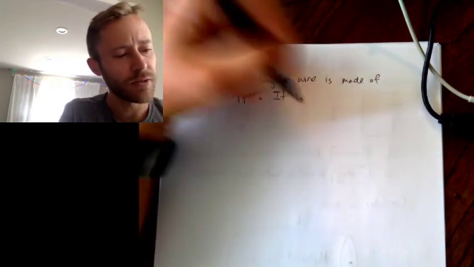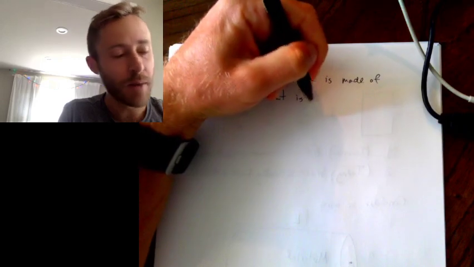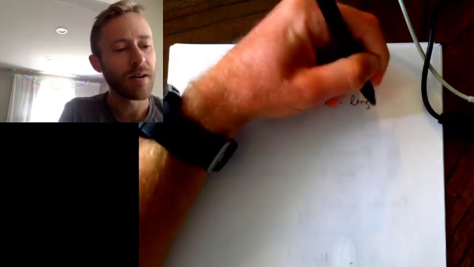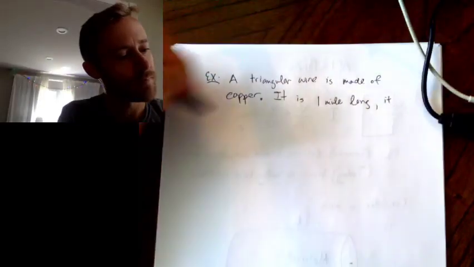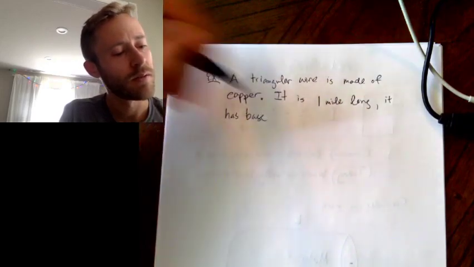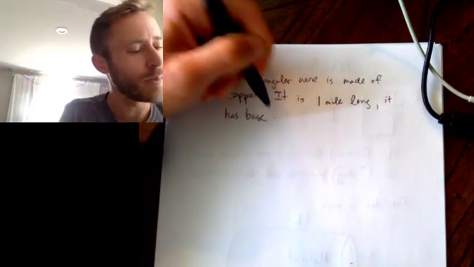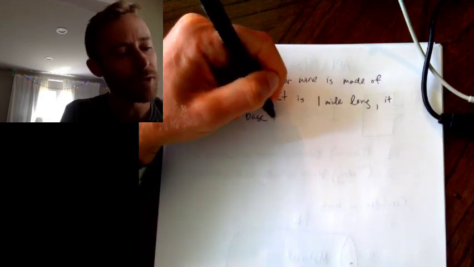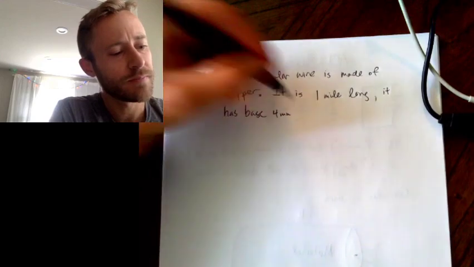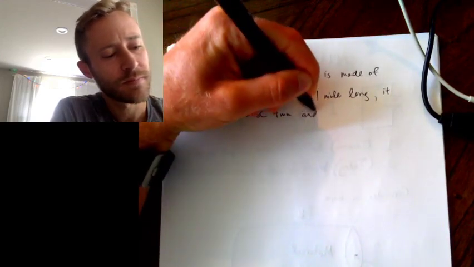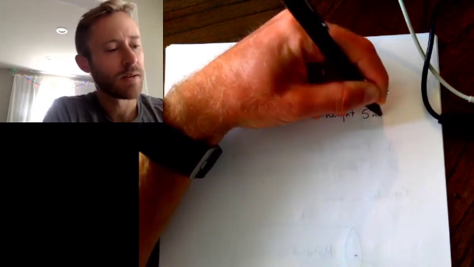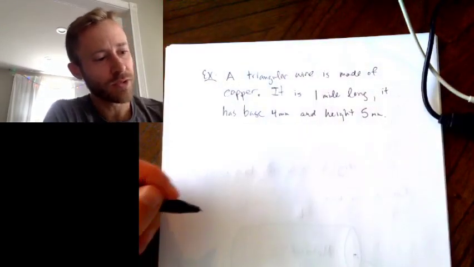Or I should say, let's say it is 1 mile long. It has a base of 4 millimeters, and the height is 5 millimeters. What is the resistance of the wire?